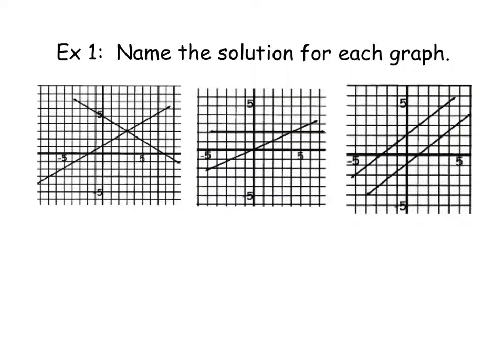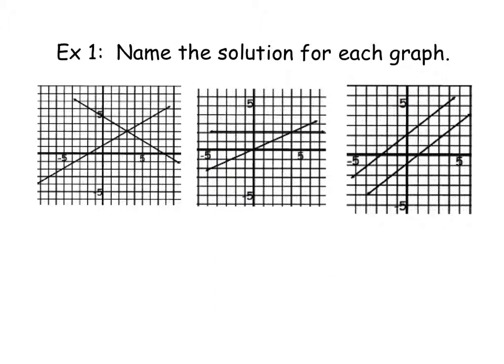So there are actually different types of systems. We know that it's an ordered pair that makes all true, and hopefully we found out in previous lessons that that point of intersection is the ordered pair that is true for this equation that is graphed, and is true for this equation that is graphed. So we can count over from the origin to name that ordered pair.